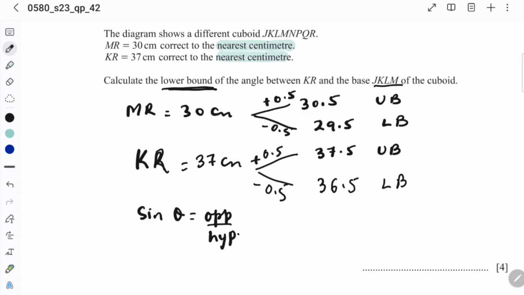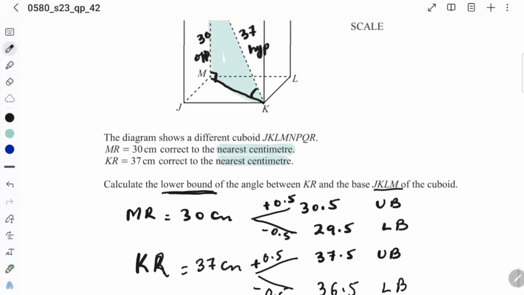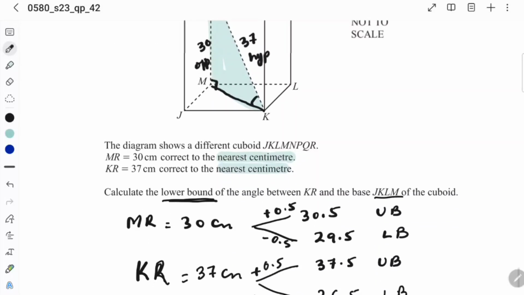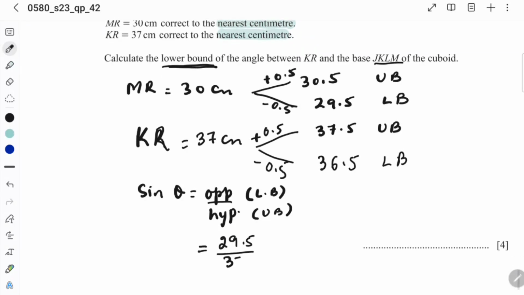So for lower bound we keep the numerator lower and the denominator upper, to get a smaller answer. Your opposite side is 30, but we'll take 29.5. It's a lower bound, and we'll take the upper bound for the hypotenuse to get a smaller answer, so 37.5.